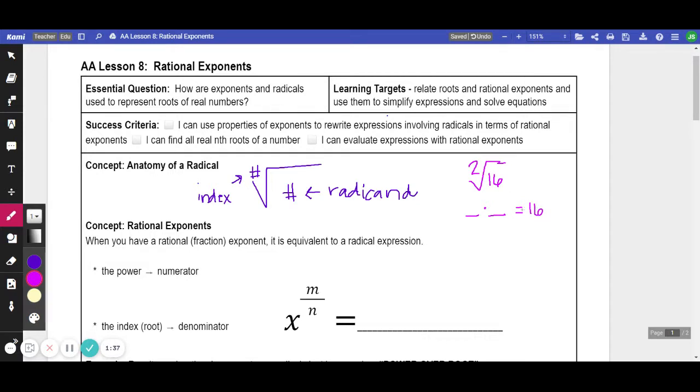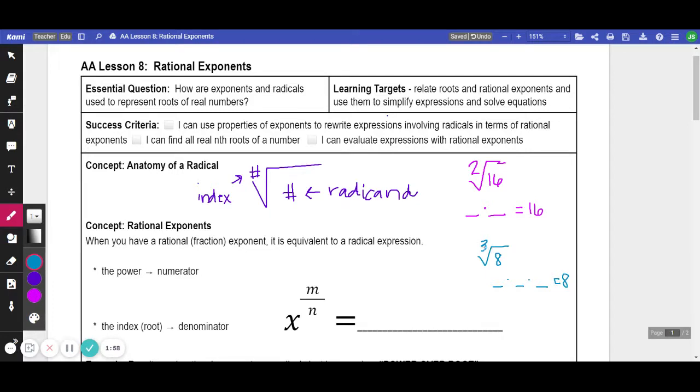If I had a third root, that would say I need to find some number that I multiply by itself 3 times to get 8.